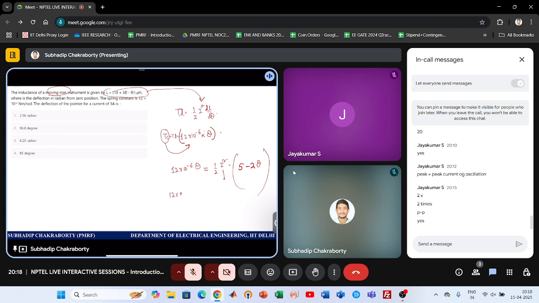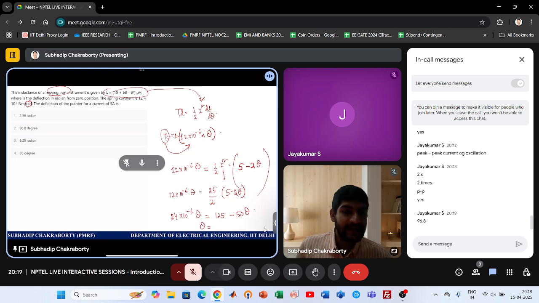So 12 into 10 to the power minus 6 theta is 25 by 2 into 5 minus 2 theta, or 24 into 10 to the power minus 6 theta is 125 minus 50 theta. Or theta you can calculate, right? And since it is radian, please note the spring constant was in radian.